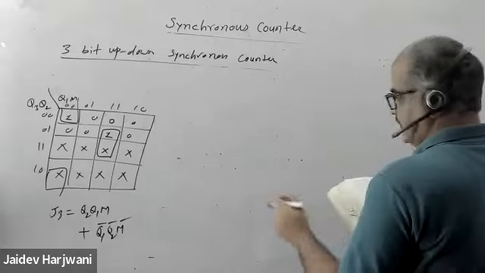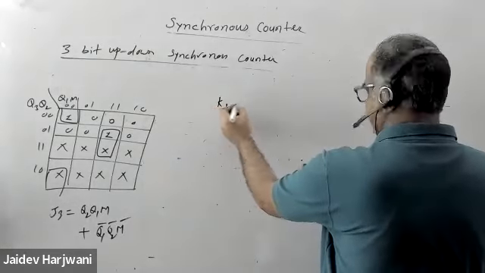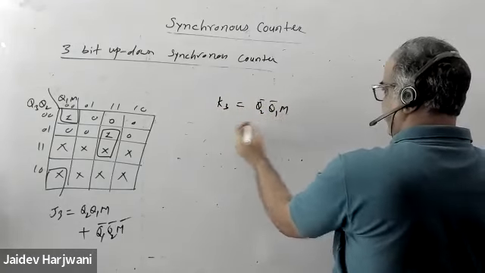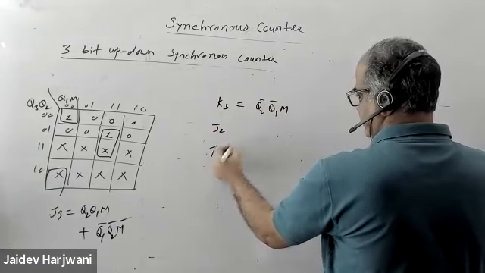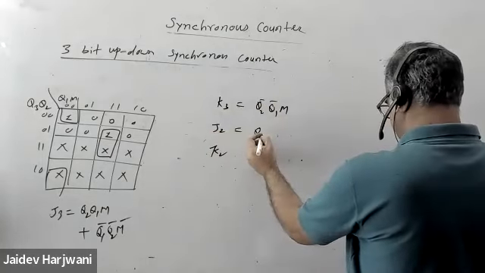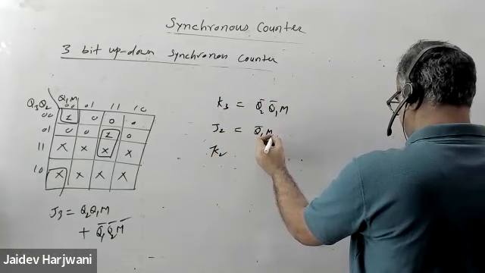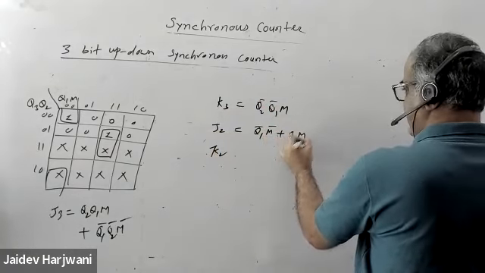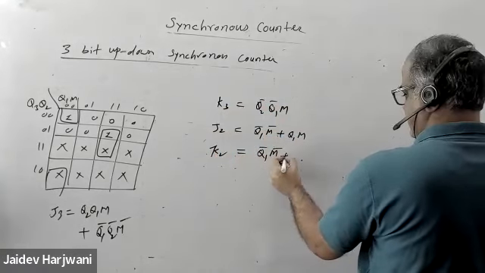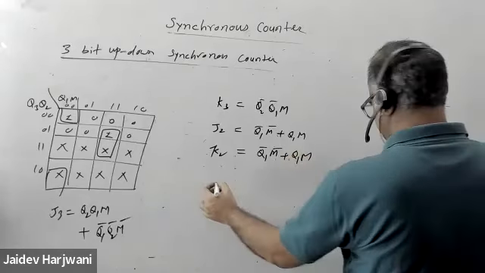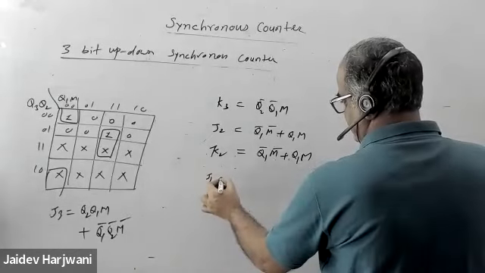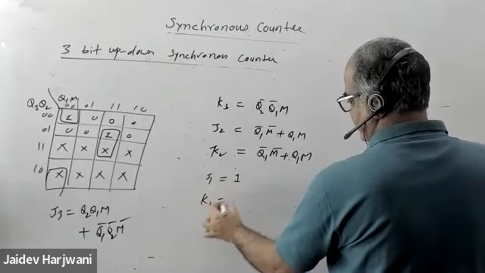Okay, so J3 value is this one. K3 value I am writing. K3 value will be Q2 bar Q1 bar M. J2, K2: J2 value is Q1 bar M bar plus Q1 M. K2 value is Q1 bar M bar plus Q1 M. And J1, K1 will always be 1 1: J1 will be 1, K1 will also be 1.